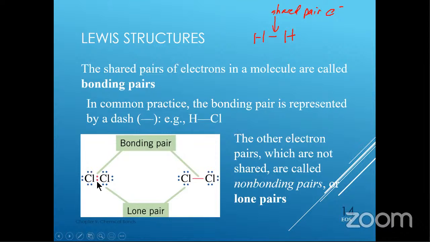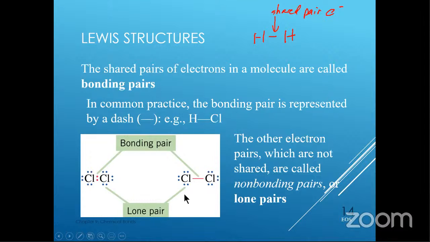As you can see, you have a pair of electrons being shared between the 2 chlorine atoms, and then each chlorine atom has 6 electrons, 3 pairs of electrons, which are not shared between the 2 atoms, right? So the bonding pair would be the pair of electrons between the 2 chlorine atoms, and the lone pairs would be the 3 pairs of electrons for each chlorine atom, all right? And of course, over here, we have a line representing the bonding pair.